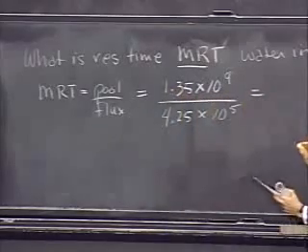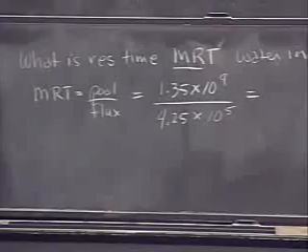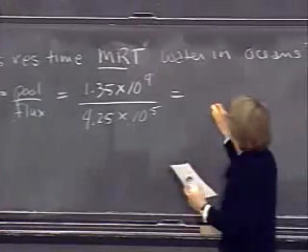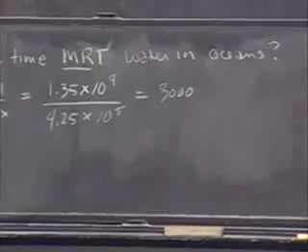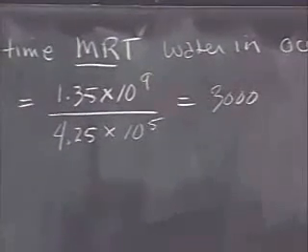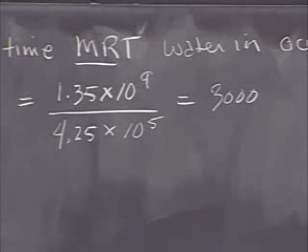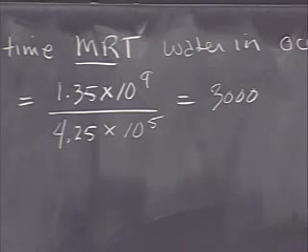That equals roughly how many years? 3,000 years. Roughly. So we would say the residence time, the average water molecule floating through this system, would spend, on average, thousands of years in the oceans before it would evaporate and get back into the system.